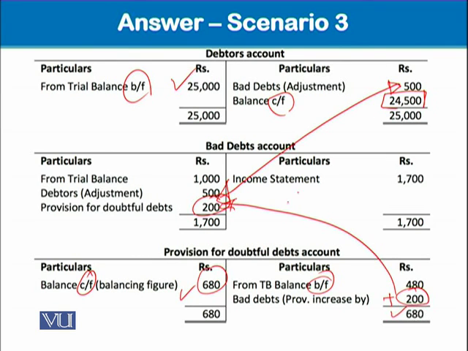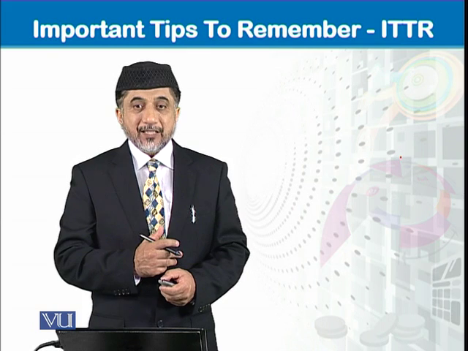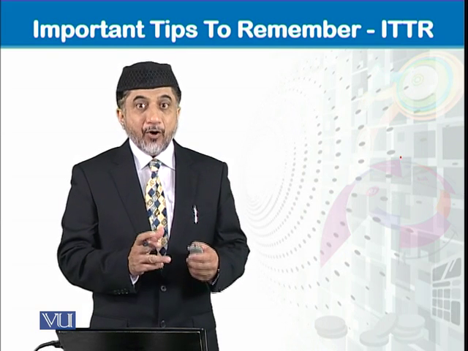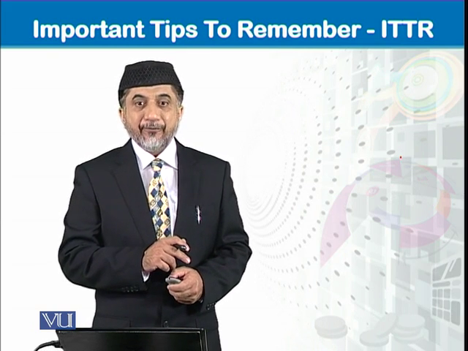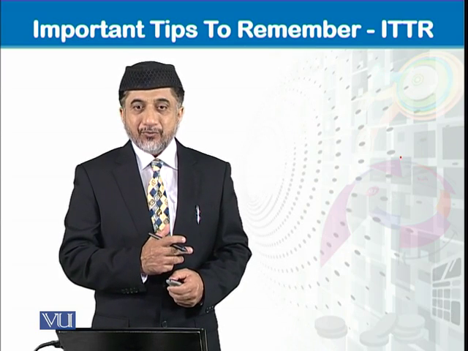This will be subtracted from 24,500, and income statement will be showing us a bad debt expense of 1,700. So this is how we do accounting for increase or decrease in the provision for doubtful debt account, and this is how bad debt account is affected because of the increase or decrease in the provision for doubtful debts.